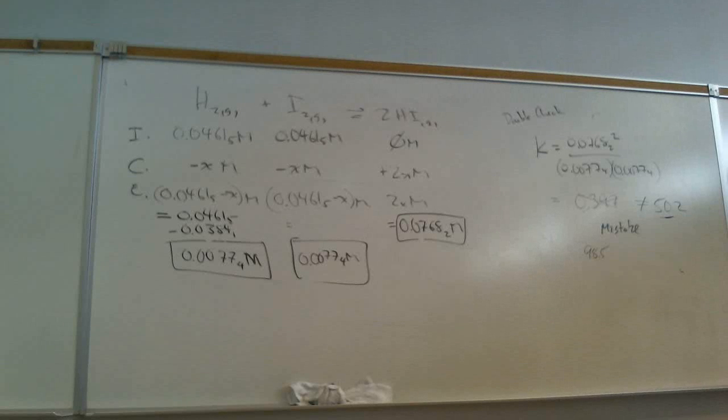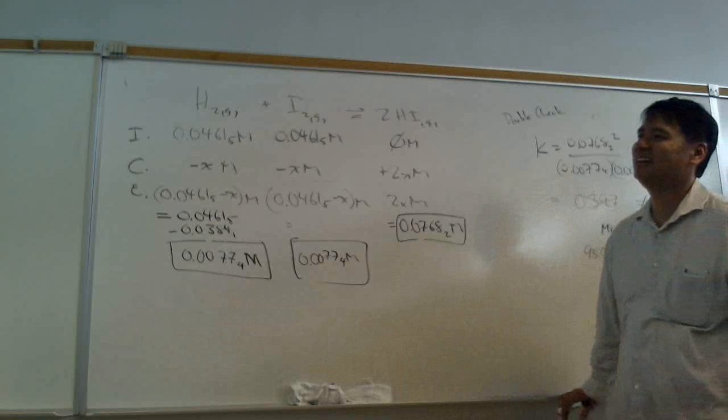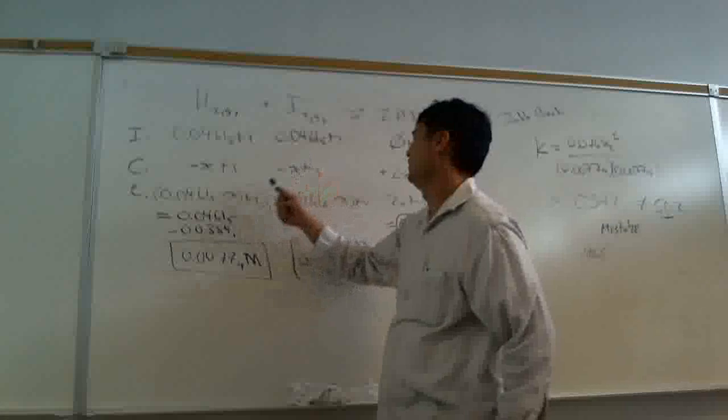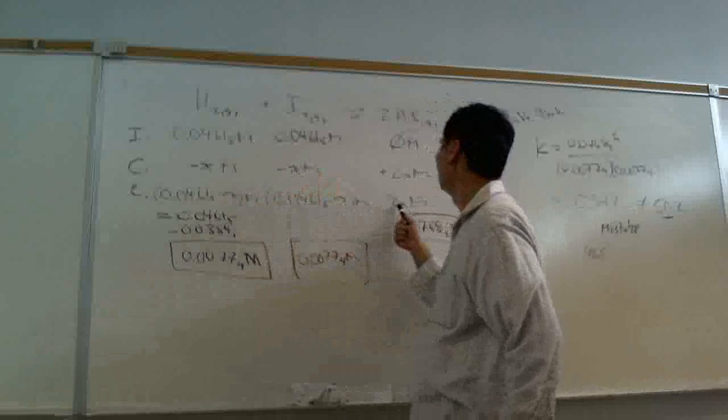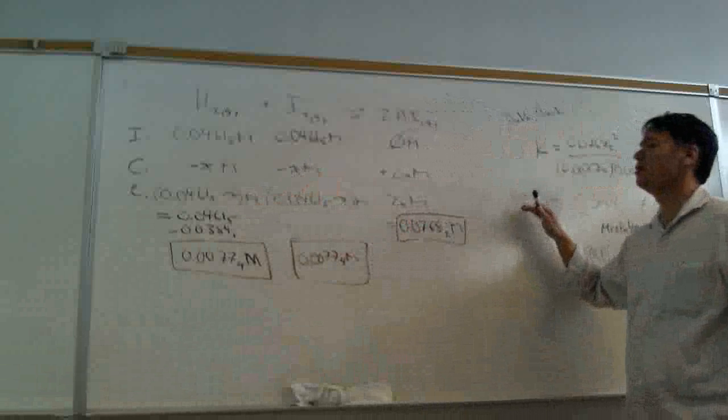Right. So let's try to figure out where the mistake was made. Maybe the starting molarity was off. No, so we double check that. I'd erase all the equations, but we can go back through and double check.